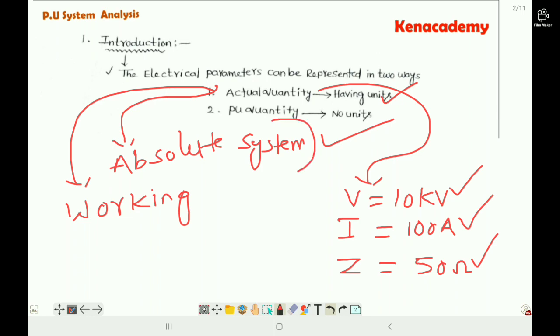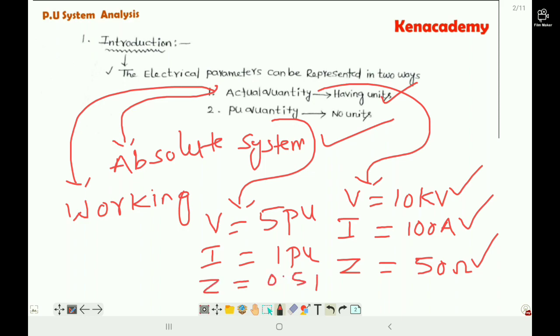But in the per unit system representation, we can represent a voltage of 5 per unit, a current of 1 per unit, an impedance of 0.5 per unit. That means in the per unit system, whatever the parameter, we don't have any units, we just represent it as per unit. This is the main difference between actual system representation and per unit system representation.